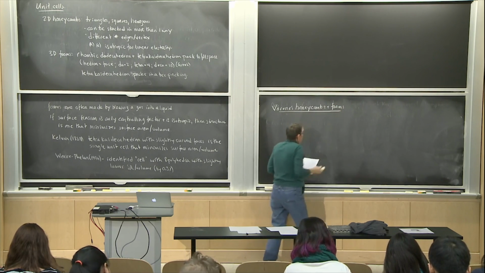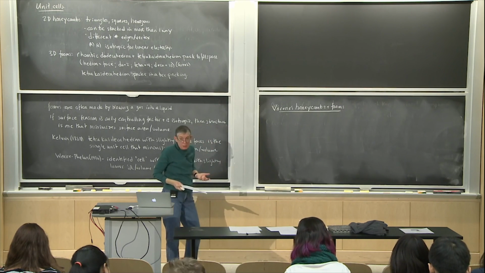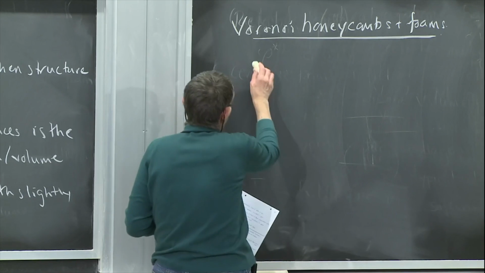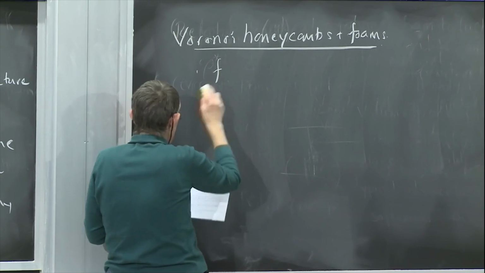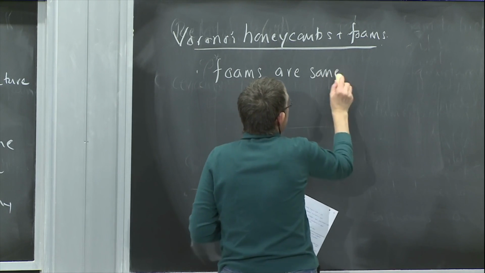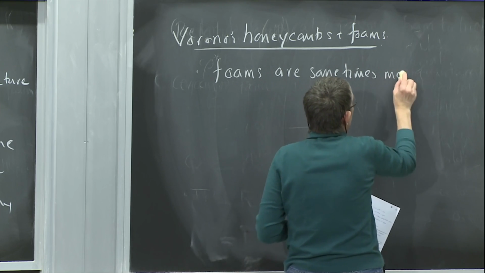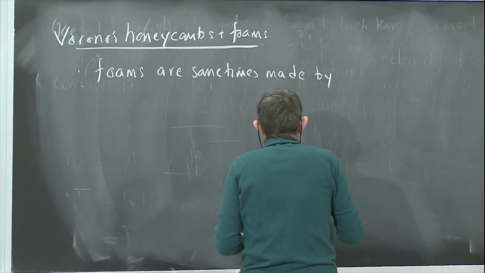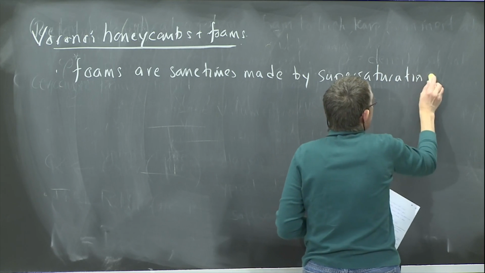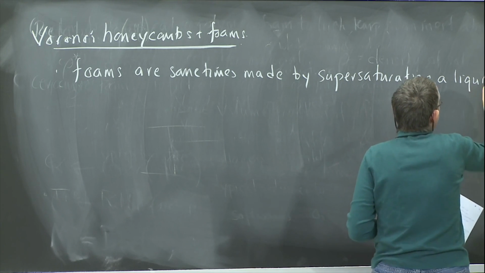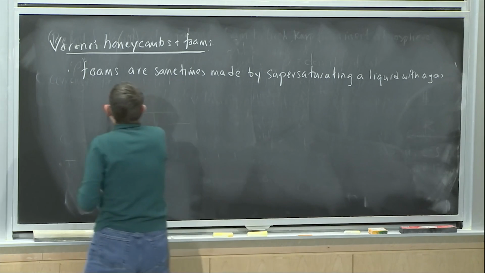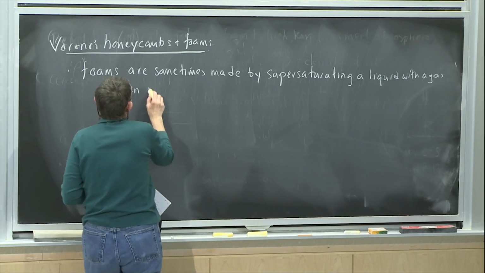These Voronoi structures were first developed to look at grain growth in metals. They weren't developed for cellular materials, but you can use them to model cellular materials as well, as long as it's a nucleation and growth process. So we'll say that foams are sometimes made by supersaturating a liquid with a gas, and then reducing the pressure so that the bubbles nucleate and grow.